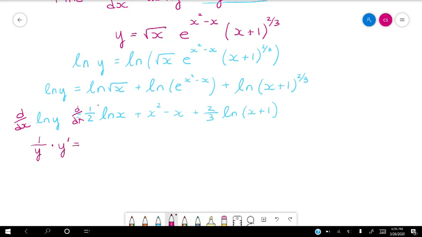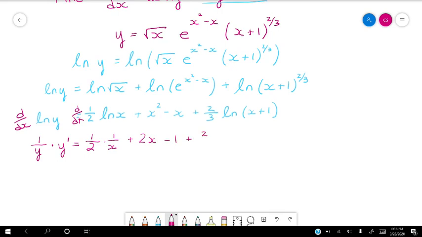Okay, and now derivative of the first term, 1/2, and you can worry about the constant after. Natural log of x is 1 over x. That's lovely. No chain rule required. The good old days. Derivative of just x squared minus x. Well, that's going to be 2x minus 1.